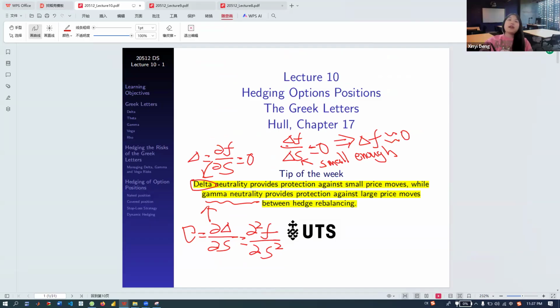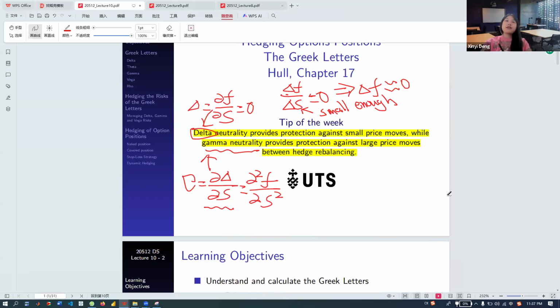Note that gamma is the derivative of delta with respect to S. If that is equal to 0, it means that the change in delta will be controlled. So if we manage to make the portfolio gamma neutral, then even for really large moves in S, the change in delta will be limited.